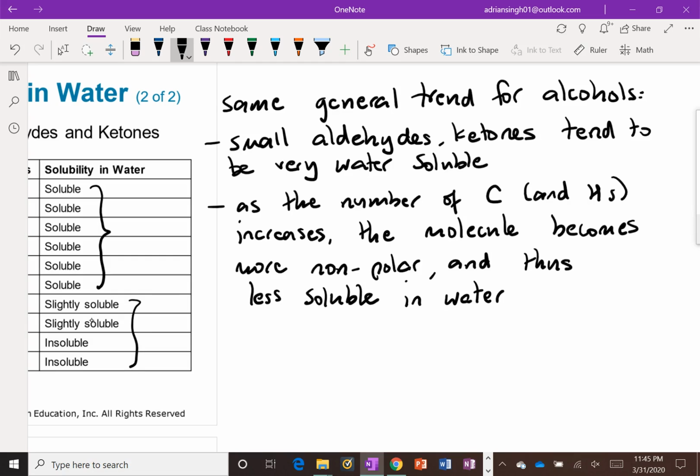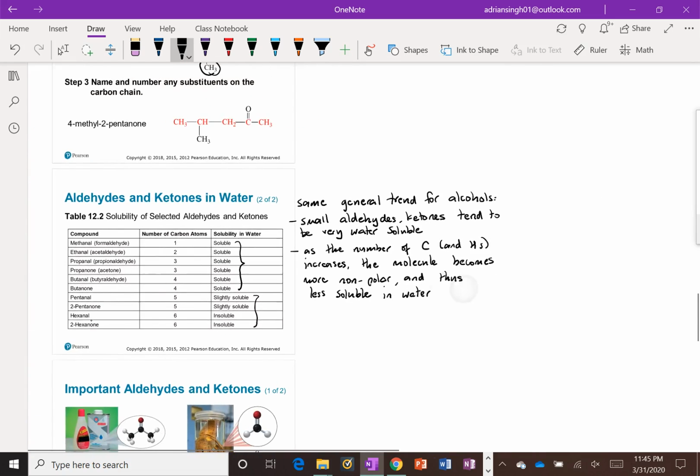Right? Remember, water is polar, and polar things will dissolve well in polar solvents.